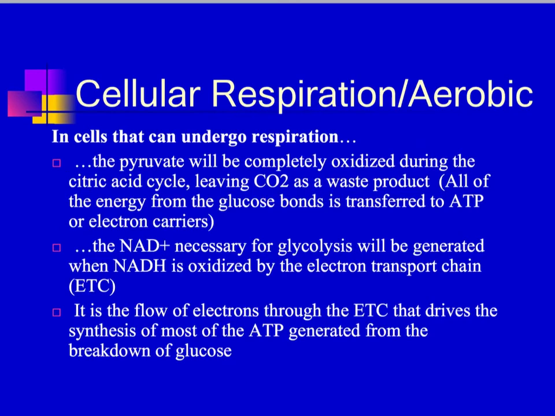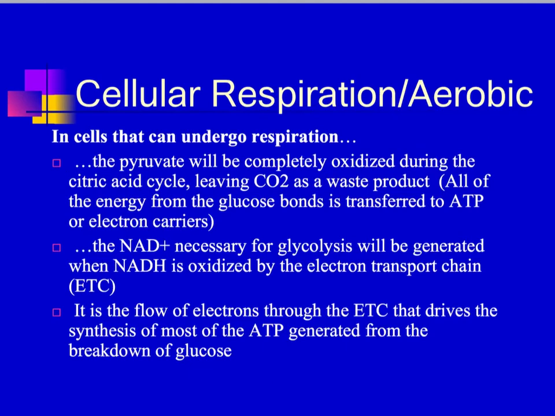Okay. In cells that can undergo respiration, the pyruvate will be completely oxidized during the citric acid cycle, leaving carbon dioxide as a waste product. All of the energy from the glucose bonds is transferred to ATP or electron carriers. So the energy is not really wasted. It's gone straight into what is necessary.